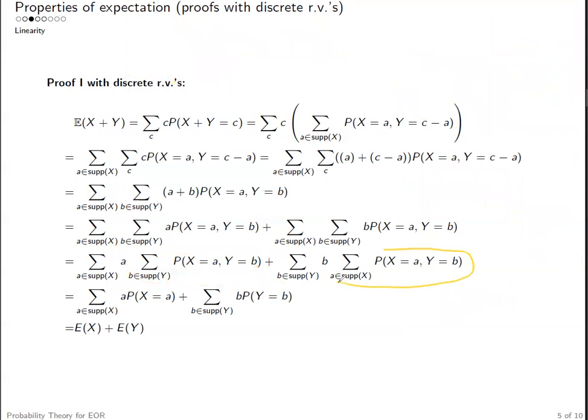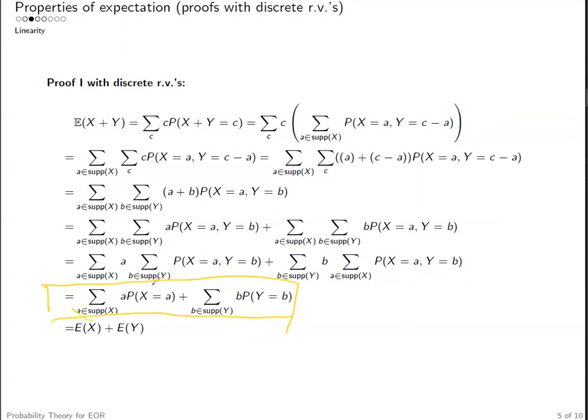Same goes with this summation. It's exactly the same logic. The summation of the probability value here, given we are going through all possible choices of A from the support of X, essentially equals the probability value of the event Y equal to B. So we are arriving at the second last equality.